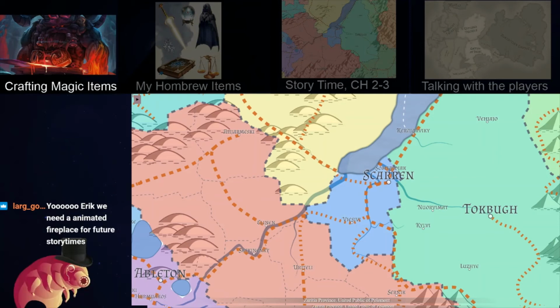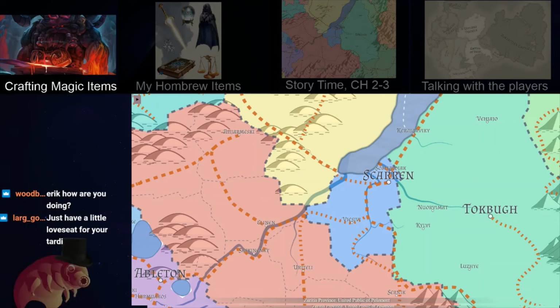We need an animated fireplace for future story times. Fair enough, though I tend to have a lot of fun looking at different maps and features, though I suppose with a lot of my campaigns I don't have any of those maps unarchived anymore. So it might be fair to go look up a fireplace at one point. In fact, how am I doing? I'm doing good. I'm excited because I get to have my next D&D session tomorrow, and the party is going to be faced with some very interesting choices. Just have a little love seat for your tardigrade.